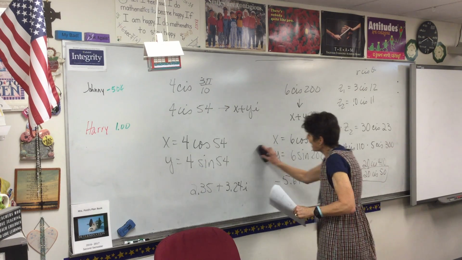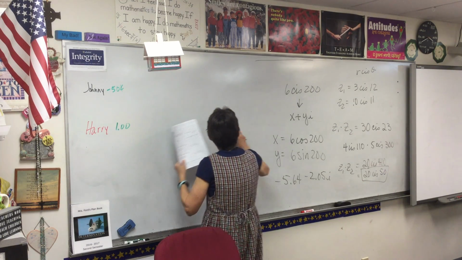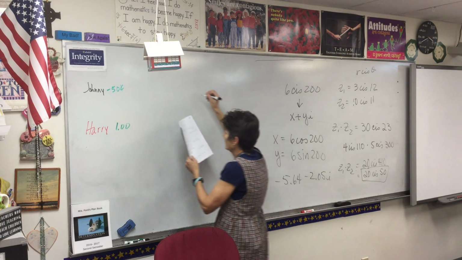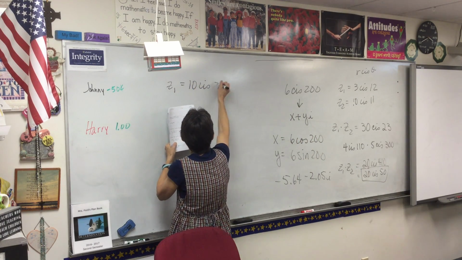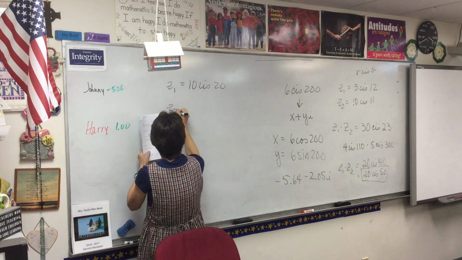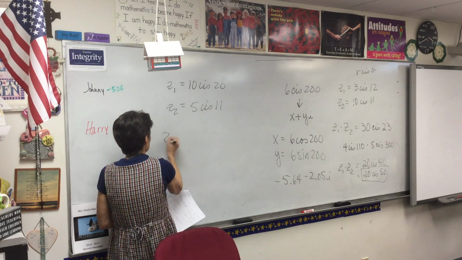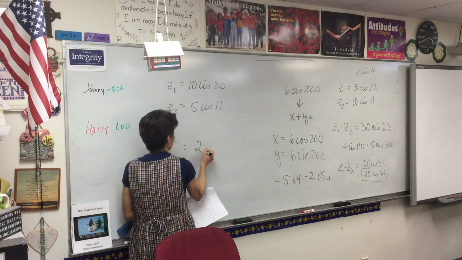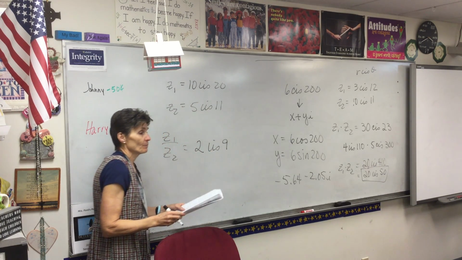I'm not even going to tell you how to do the next one. I want you to guess. I want you to think about how we did this. Divide, subtract. Exactly, Olivia. You spoiled the fun for everyone, but you are exactly right. Olivia said if I want to do this division, my answer will be 2 cis 9.